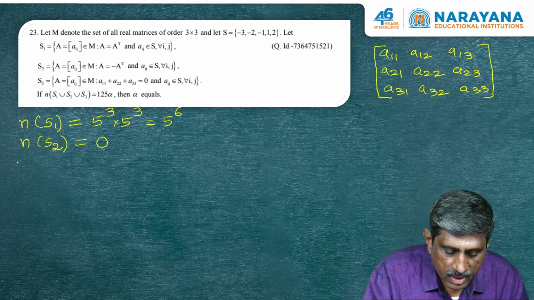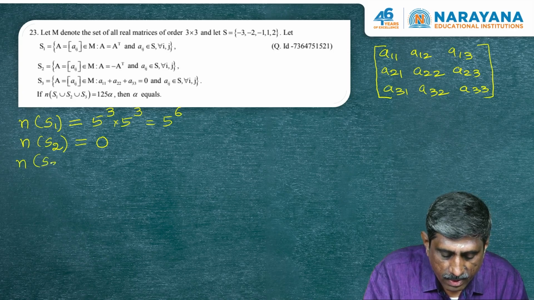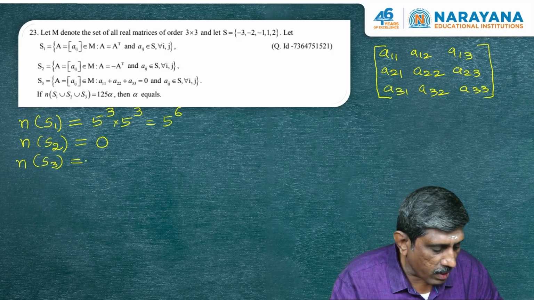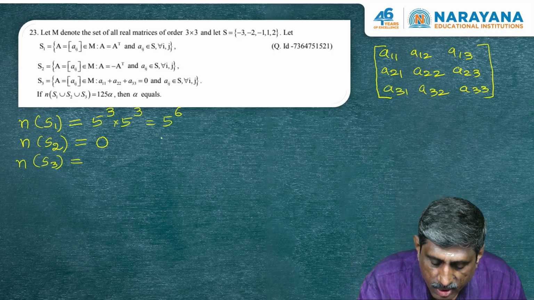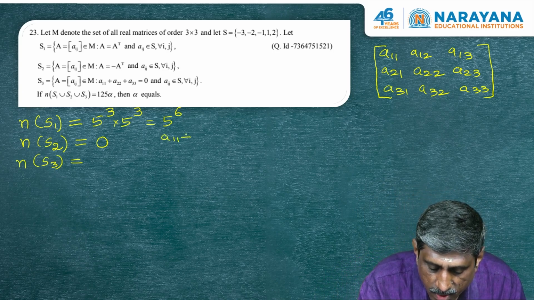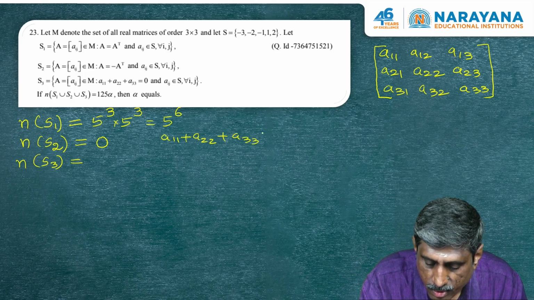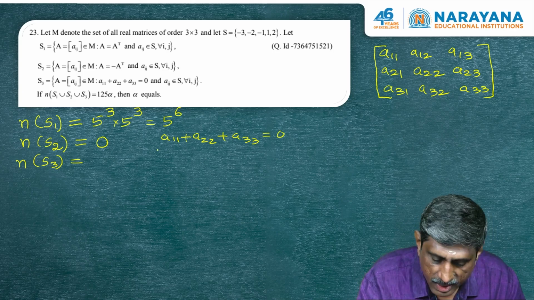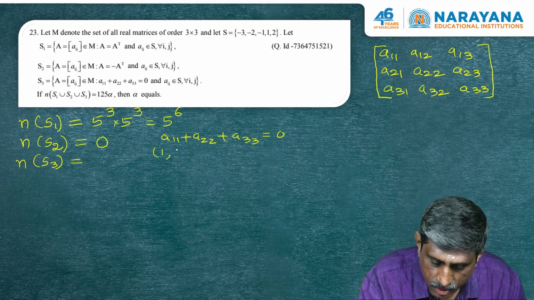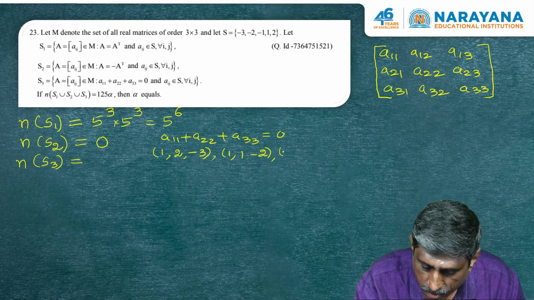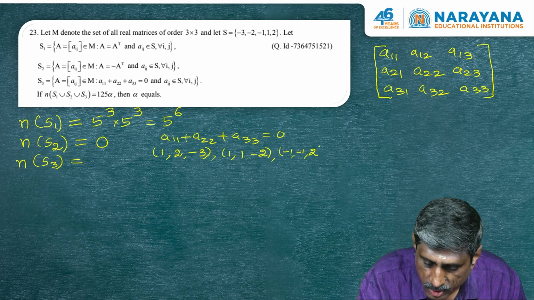Let us come to n of S3. When you calculate n of S3, the sum of the elements on the diagonal should be 0. So, what are the possibilities to get sum 0? A11 plus A22 plus A33 is equal to 0 means the possible combinations are 1, 2, minus 3, the sum is 0, or 1, 1, minus 2, the sum is 0, or minus 1, minus 1, 2, the sum is 0.